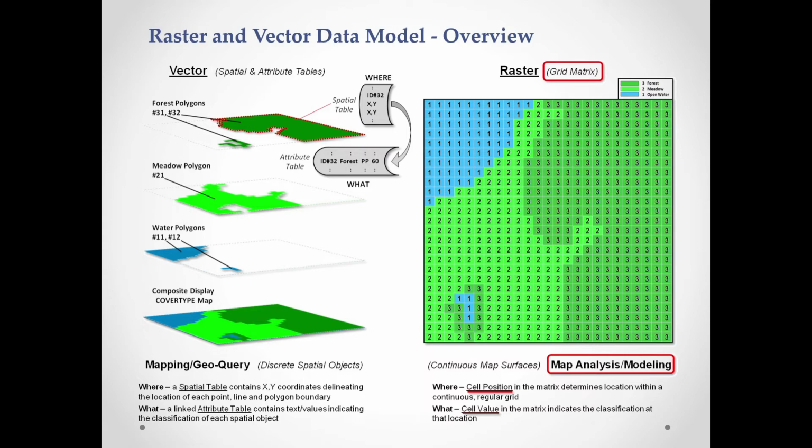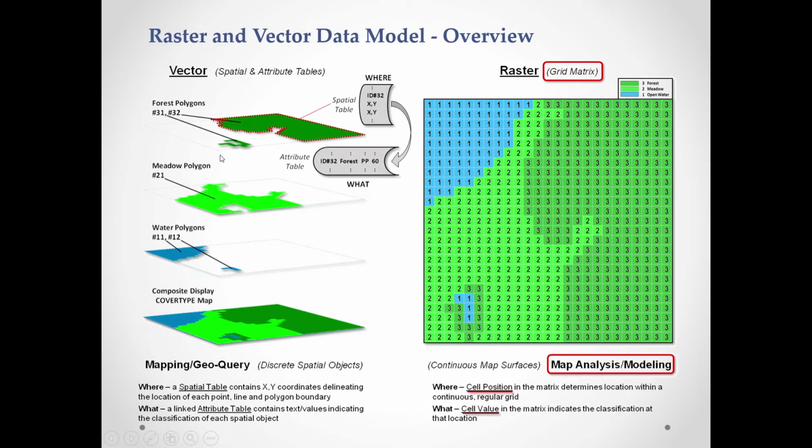Raster and vector data model overview. In vector, this is the polygon for the forest, and this is the attribute table for this polygon. This is another polygon for the vegetation, and this is for the water body.